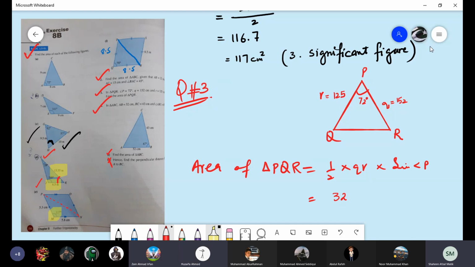The answer is coming 18070, the same answer that Noor told me. Then ma'am, we divided by 2, which is 9035.04.